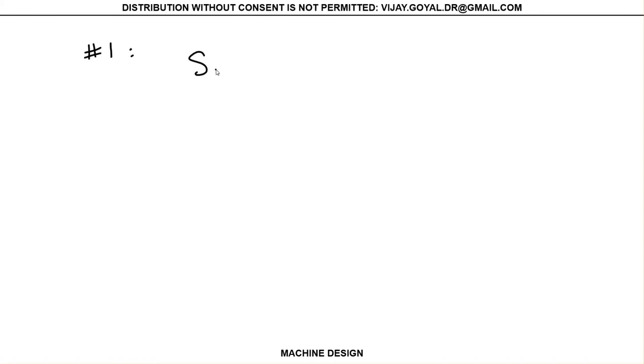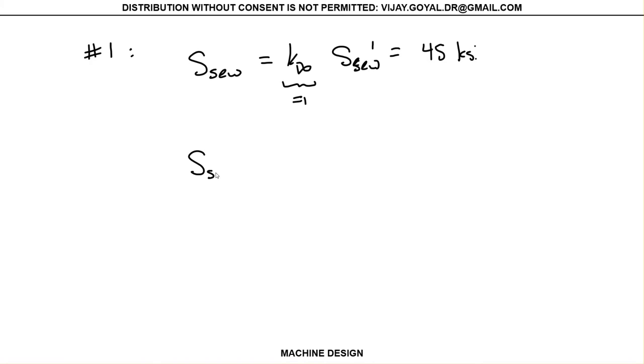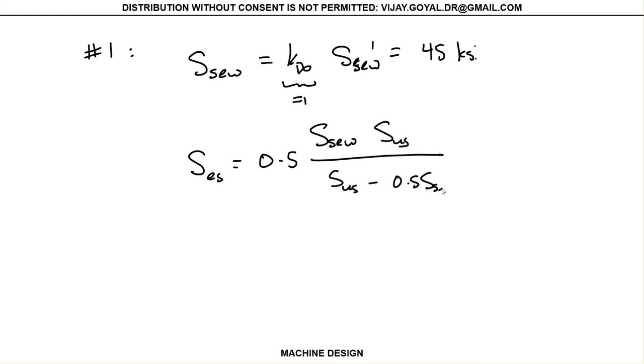Using method number 1, I find that K infinite, assuming that this is 1, SEW is equal to 45 KSI, and then your SES is equal to 0.5 SEW US divided by SUS minus 0.5 SWS.